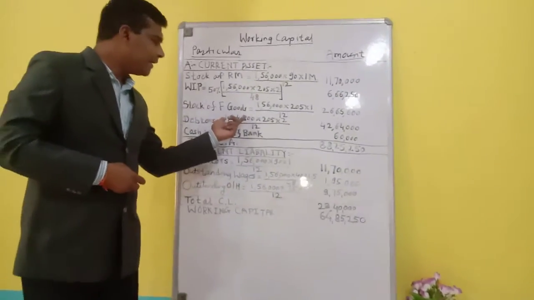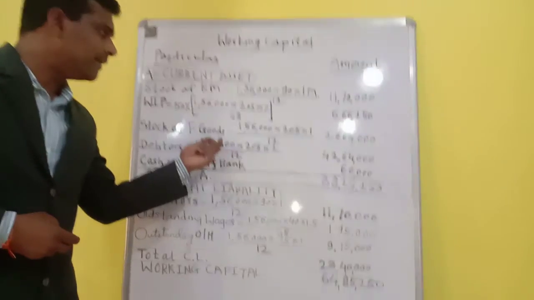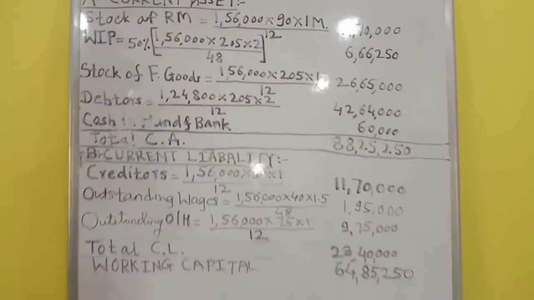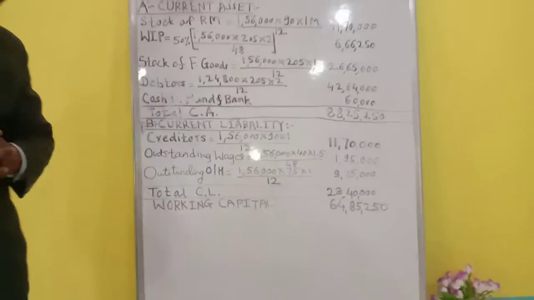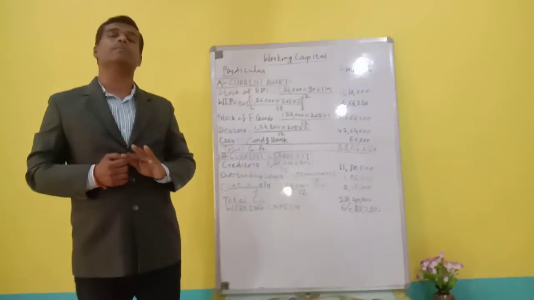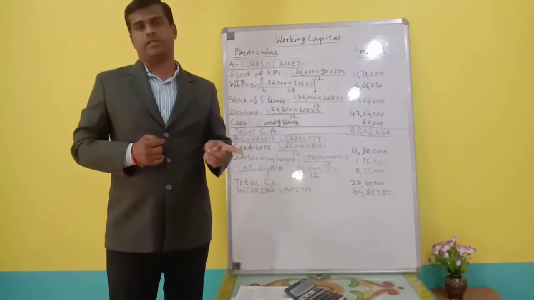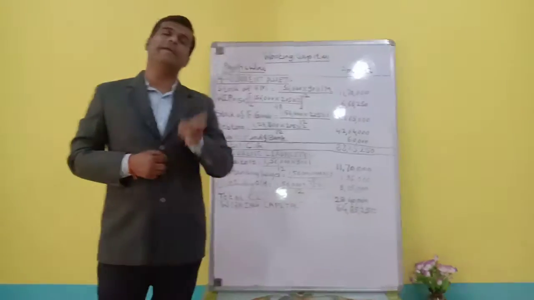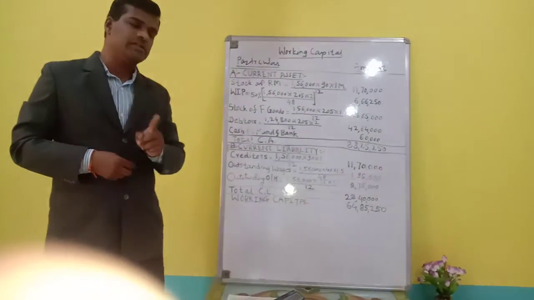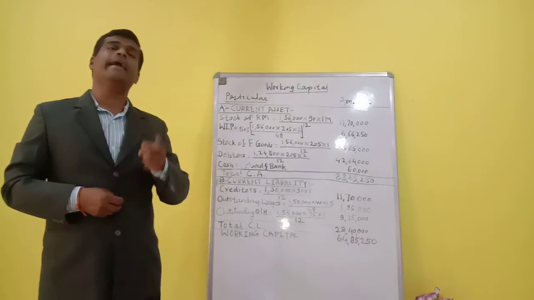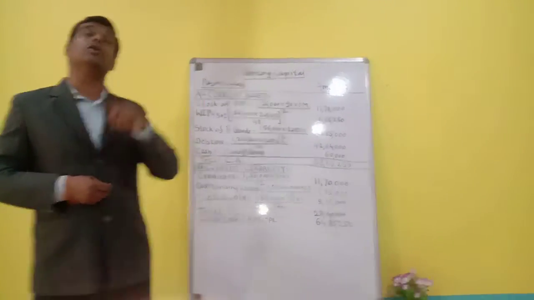Friends, why have I taken 1,24,800 rather than 1,56,000? The reason is, in the same problem, there is one more information given at the end, that out of the total sales, 20% of the output is sold on cash basis. So the total production is 1,56,000 units, out of which 20% units are sold on cash basis. So the remaining 80% of the units are being sold on credit.